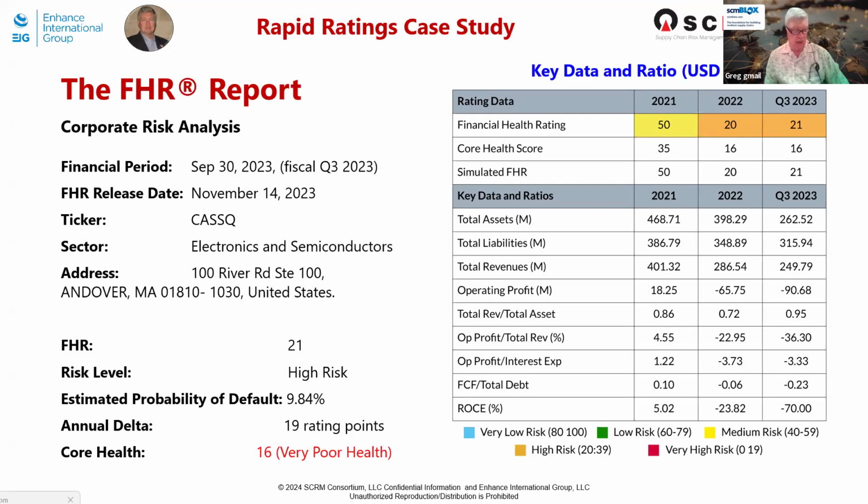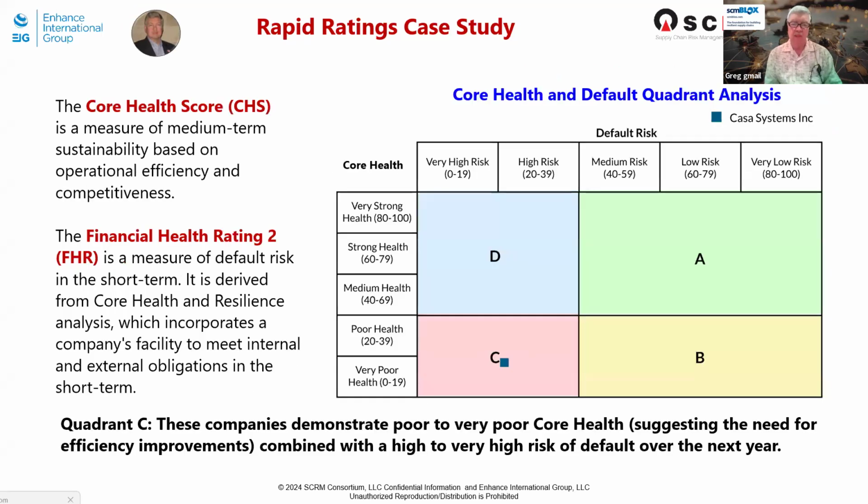And we've got one more slide to share with you. That is their definition of their core health score. It's a measure of the medium-term sustainability, according to them, based on operational efficiency and competitiveness. So you can take a look at the quadrant over there on the right-hand side. On the y-axis of the quadrant is their core health, and you can see the numbers, the ratings.